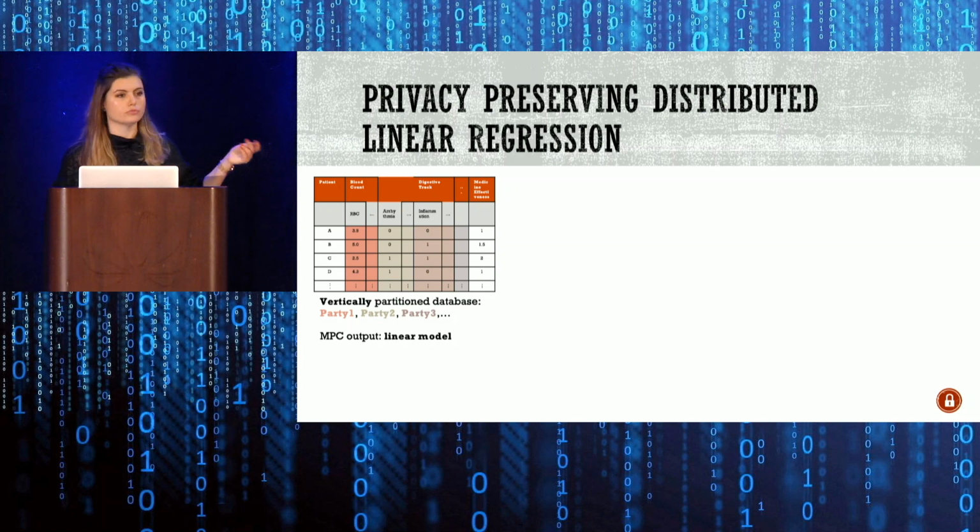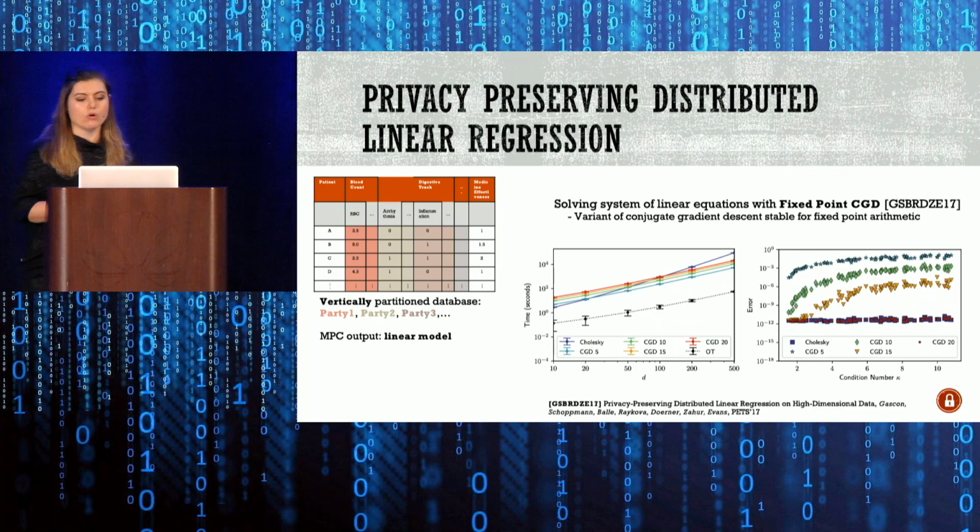So the setting here is that we have a database, and this database is vertically partitioned between multiple parties, and the goal is to compute a linear model using secure computation on this data. So in a work with several co-authors, we looked at this question, and the main technique that we use to compute these linear models is solving a system of linear equations.